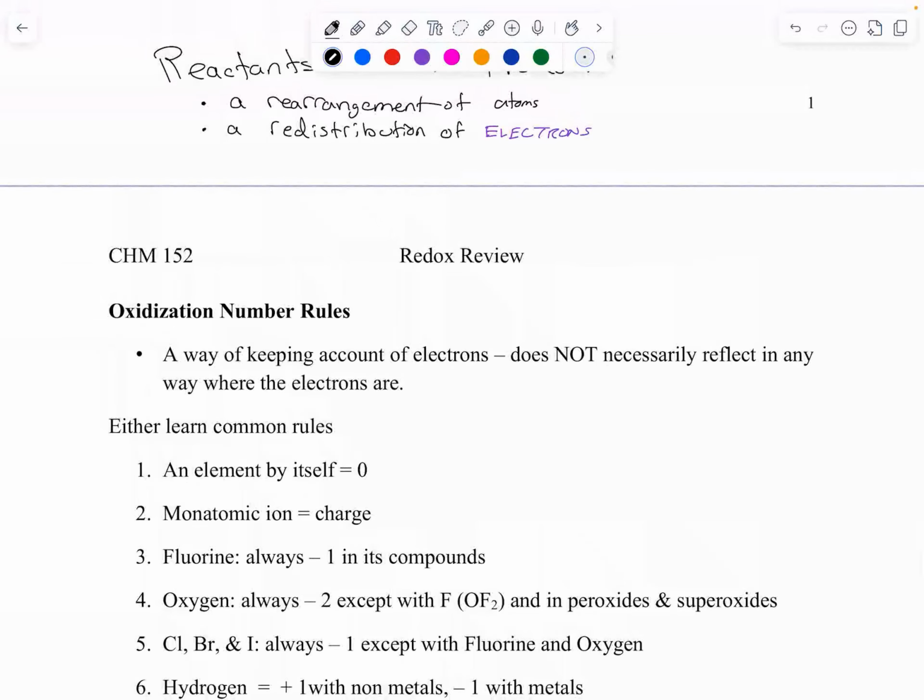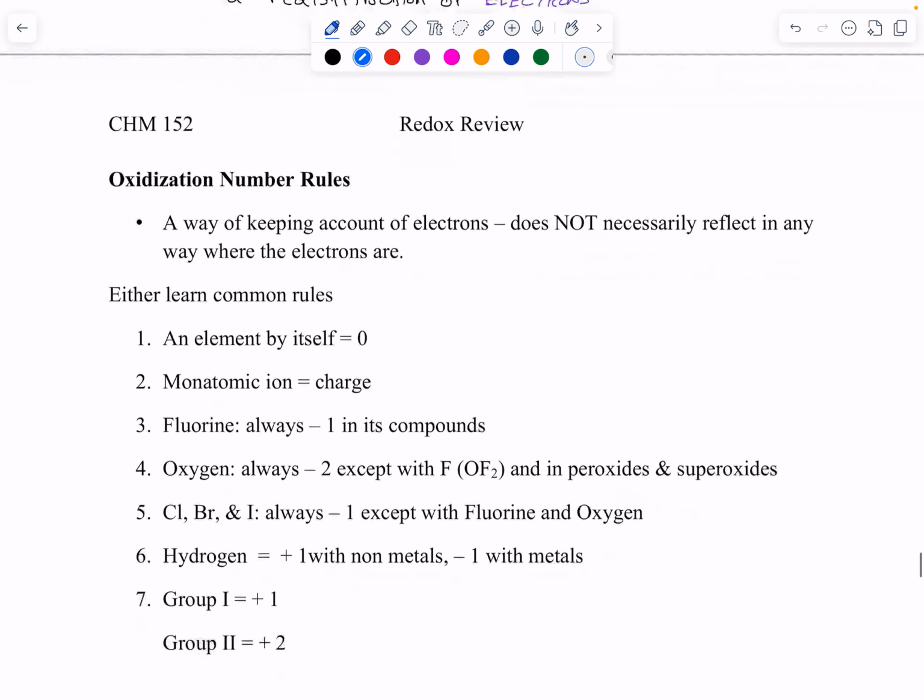So the oxidation numbers are how we do it, all right? And it works out pretty good. So for example, we learn the rules. The element by itself is 0, right? So that'd be Fe, F2, O2, chromium. They're all 0, 0, 0.